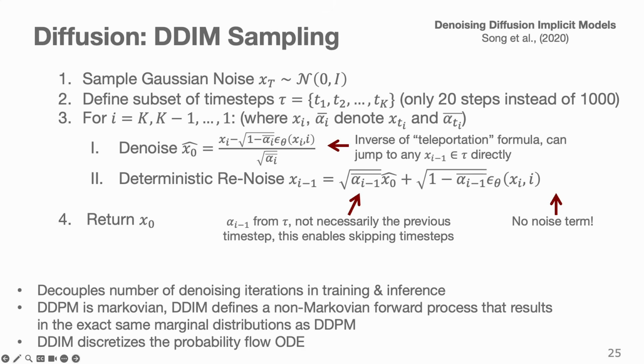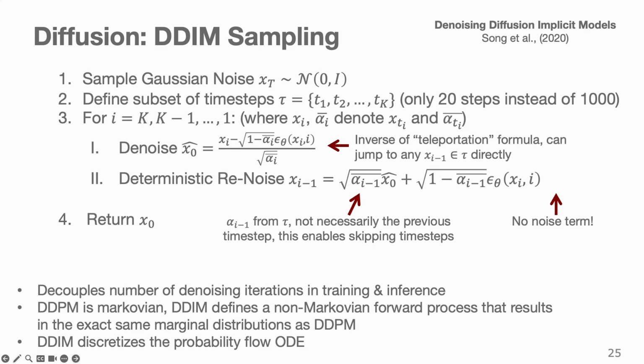And then in each step, we use our trained noise predictor to do something a bit more clever. We use the inverse of our teleportation formula from before to estimate what the clean image would look like based on our current noisy state. And then once we have that estimate of the target, we renoise it just enough to reach the next step in our subset.